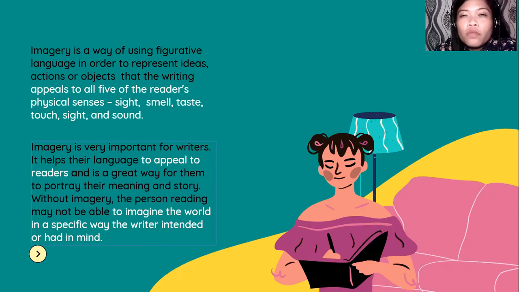Imagery is a way of using figurative language. As I said, it is one of the devices used to represent ideas, actions, or objects in writing. Let's take note of all the highlighted words. You need to be familiar with and remember all these highlighted words, so at least you have the idea what imagery is. It is to appeal to all 5 of the reader's physical senses.